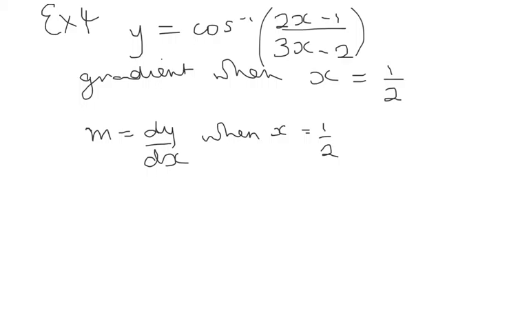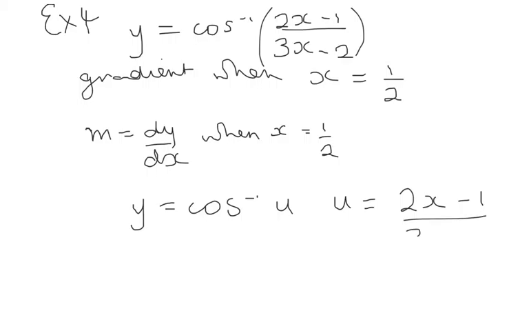So our original function is the inverse cos of a function. So it's a chain rule, function of a function. You can represent the original as y equals inverse cos u, with the substitution u equals 2x subtract 1 over 3x subtract 2.